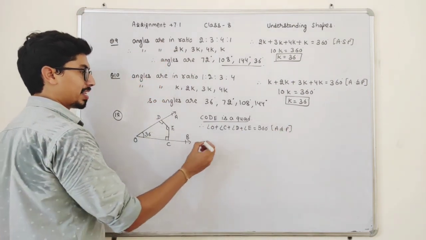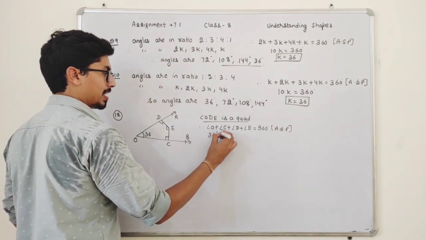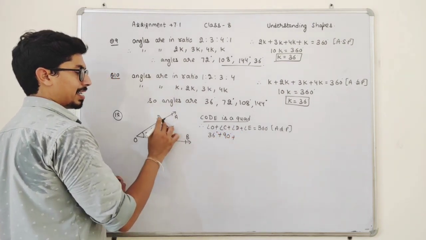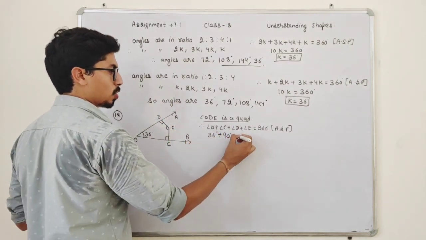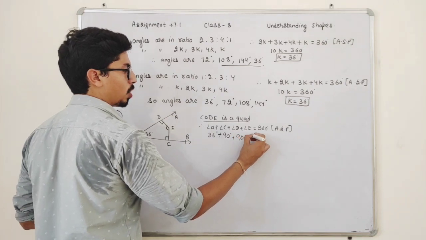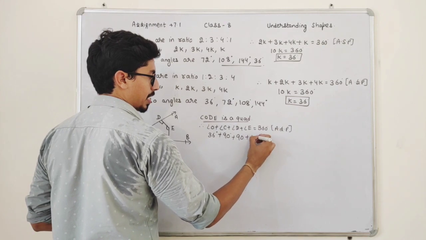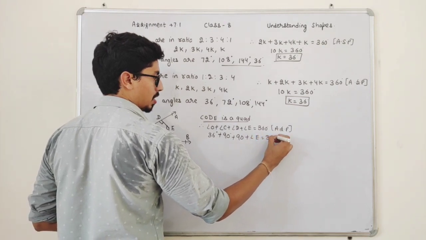So O is 36 degrees. C is 90 degrees because this is perpendicular. ED is perpendicular, so this is also 90 degrees. E I don't know, students. I have to find this out.